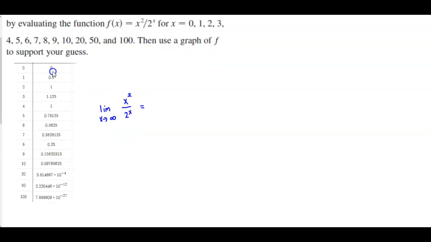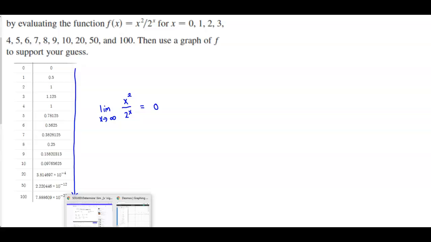Well, you can see here it's going from 0 and then 0.5, 1, 1.125, 1, and then 0.7, 0.5, 0.3, 0.25, 0.1, 0.0. Now this becomes moving the decimal place to the left 4 units. So we can see here, it's getting closer and closer to the value of 0. So that's from our table of values.